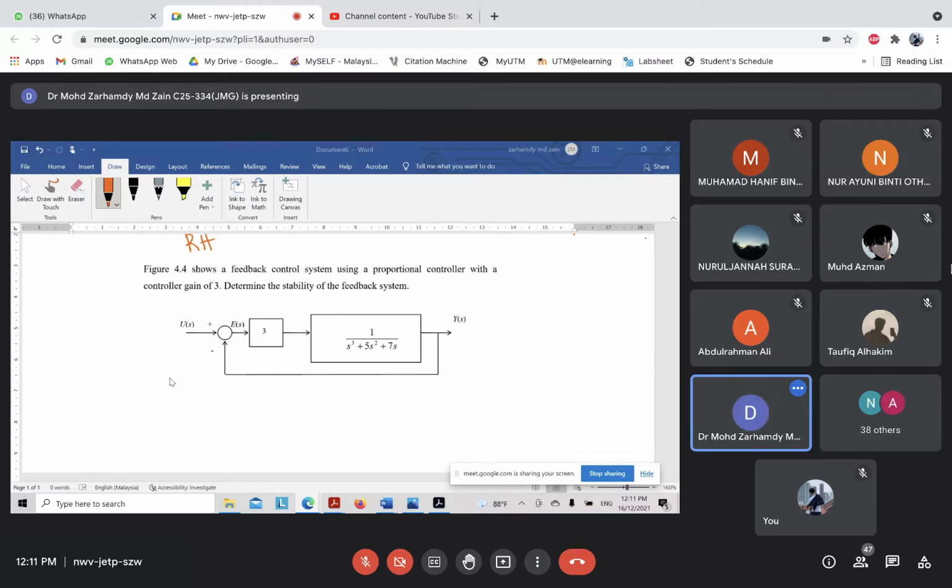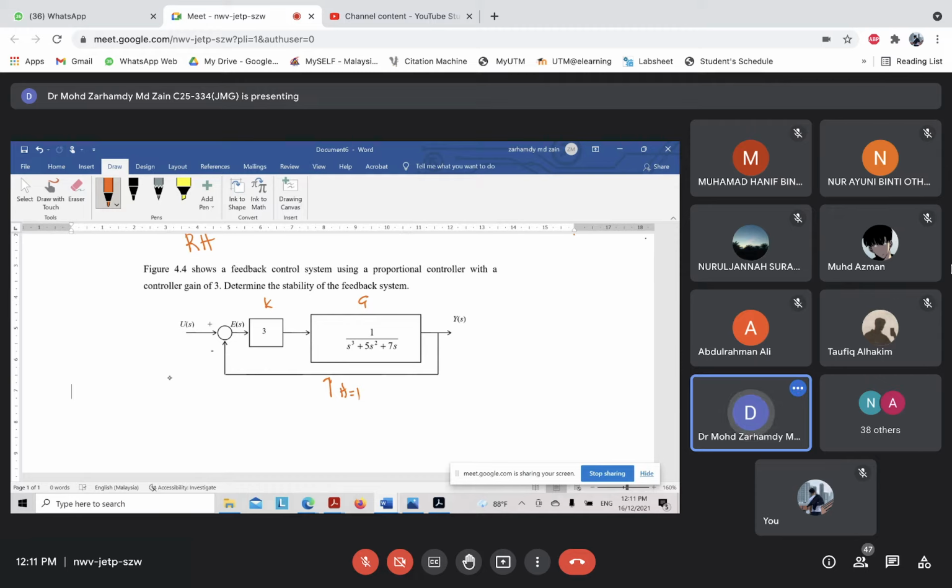We need to come up with the transfer function, or you can use the formula of the characteristic equation straight away. For example, now we have this. This is our K, the gain controller. This is our G, our system, and this is our H. Now our H is equal to 1 because there is no transfer function inside this block diagram, only the unity feedback.